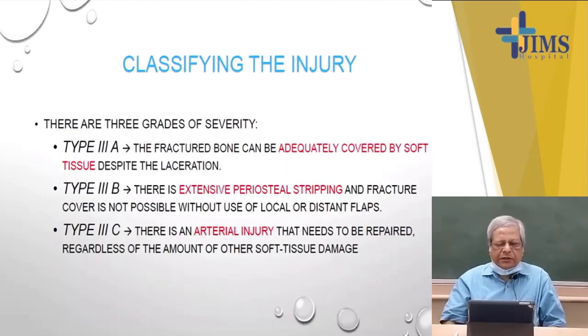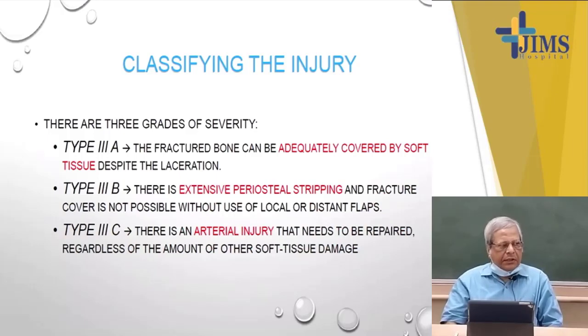There are 3 grades of severity. In type 3A, the fractured bone can be adequately covered by soft tissue. In type 3B, there is extensive periosteal stripping and fracture cover is not possible without the use of local or distant flaps of skin.